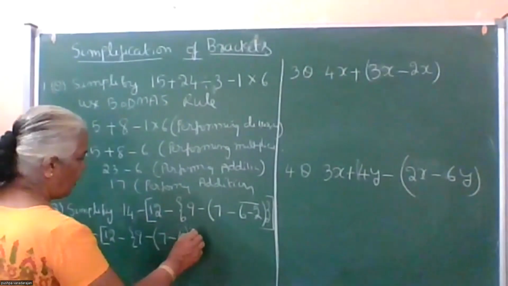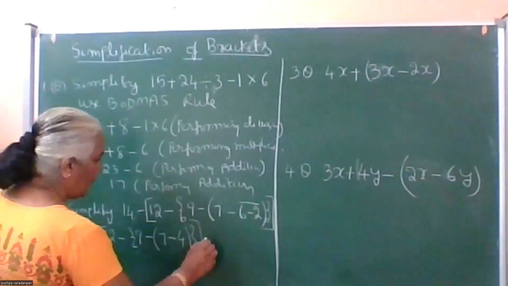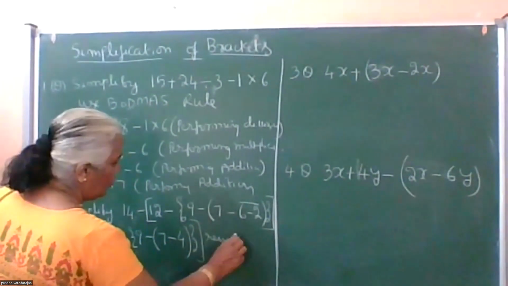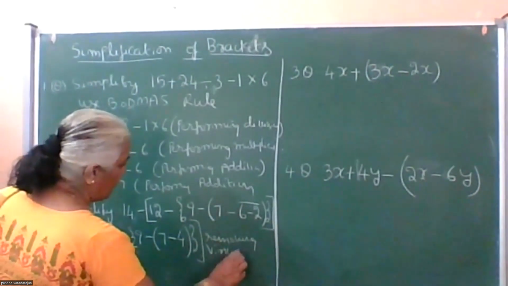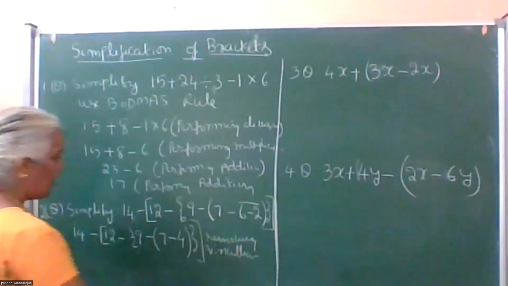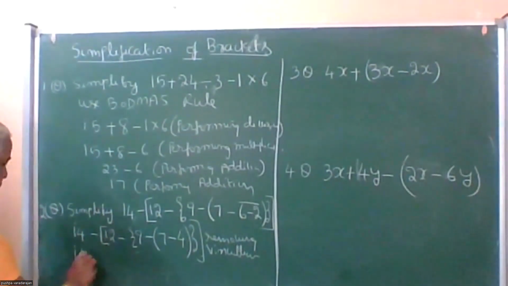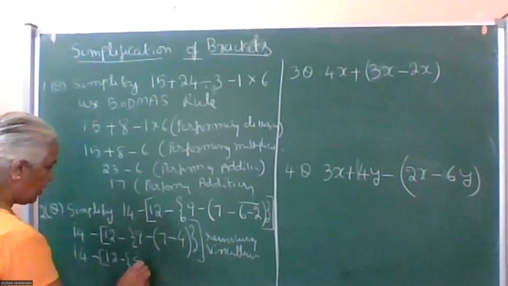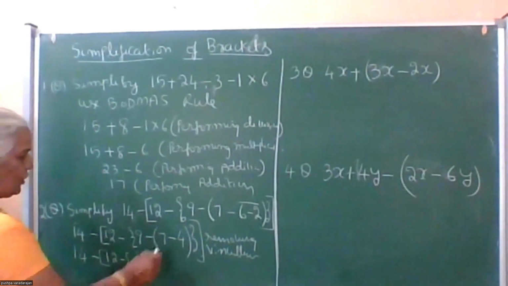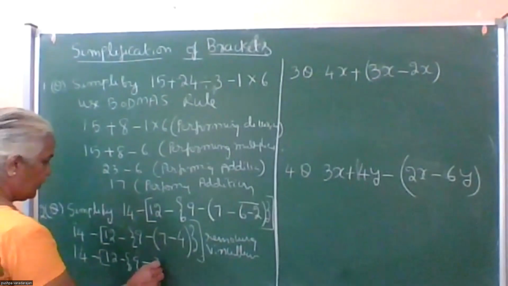Here we have removed the vinculum. Vinculum is the bar bracket. And then 14 minus 12 minus 9, 7 minus 4. 7 minus 4 is 3.